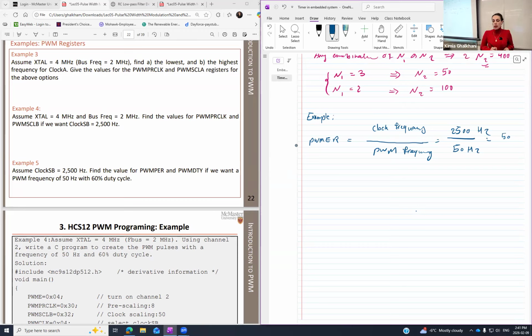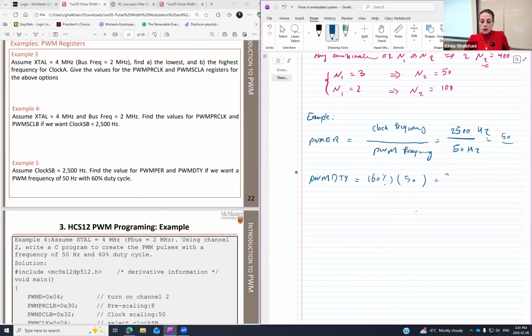Now, how about duty cycle? For the duty cycle, I'm going to say PWM DTY, standing for duty cycle. The question is asking for a 60% duty cycle. Therefore, I'm going to say 60%. And I already calculated PER to be 50.